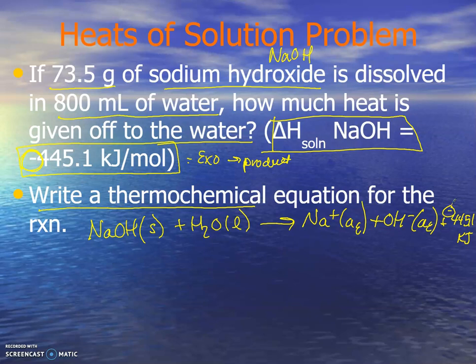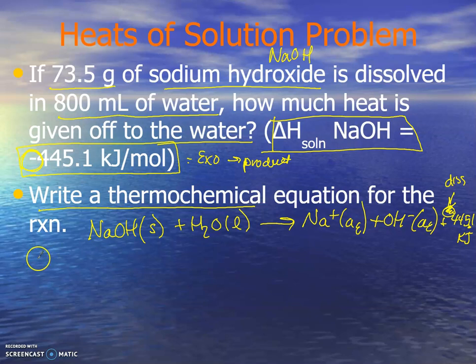And that's going to show exactly how much we make. This negative sign tells you that it goes on the right-hand side, but when you actually have your problem, this disappears. So you're going to make sure that that just shows you to put it on the right-hand side. It will release that 445.1. It doesn't make negative energy.